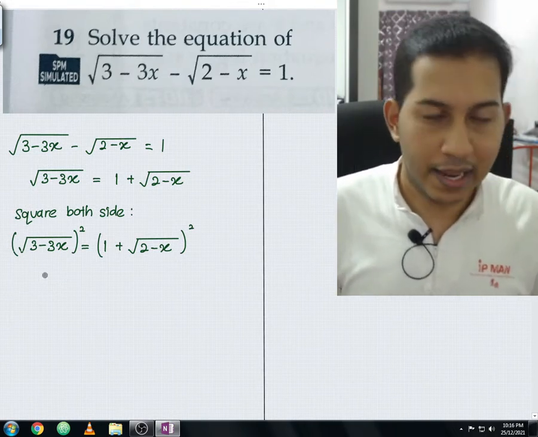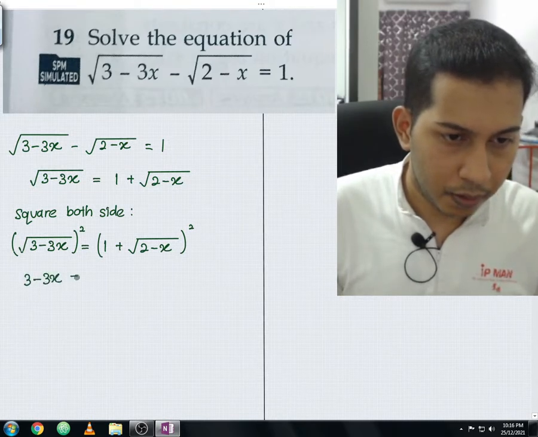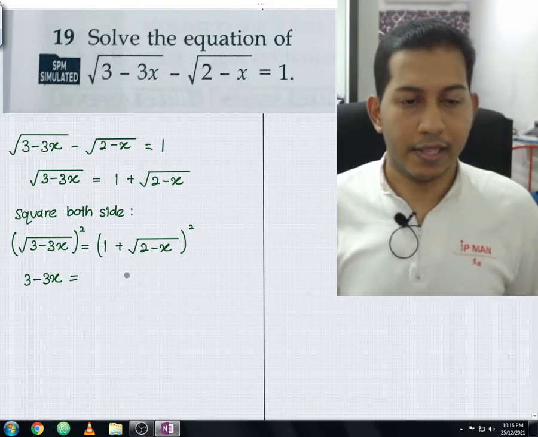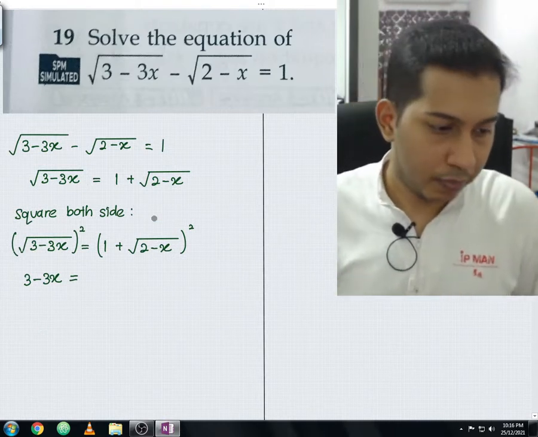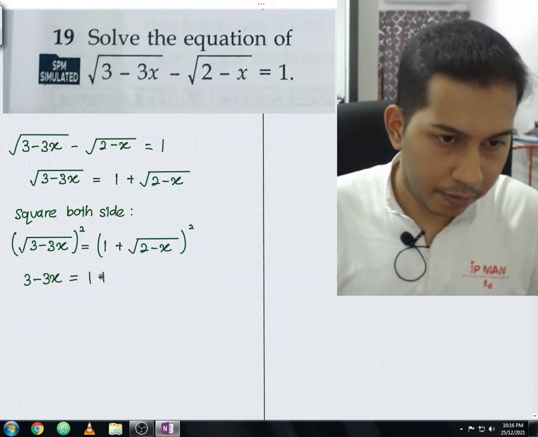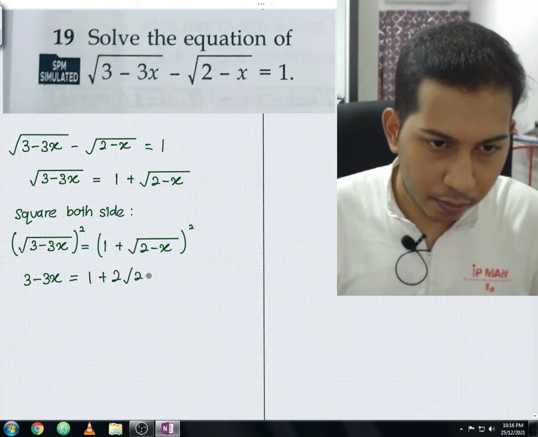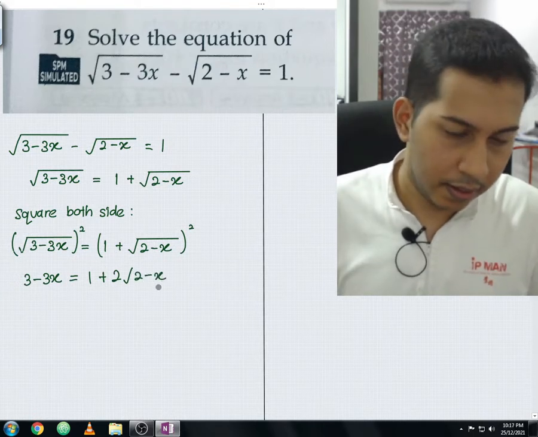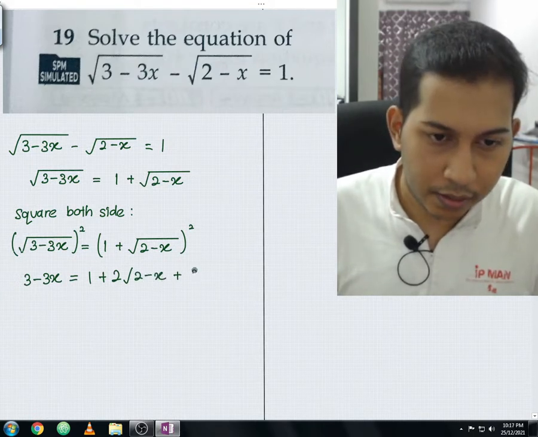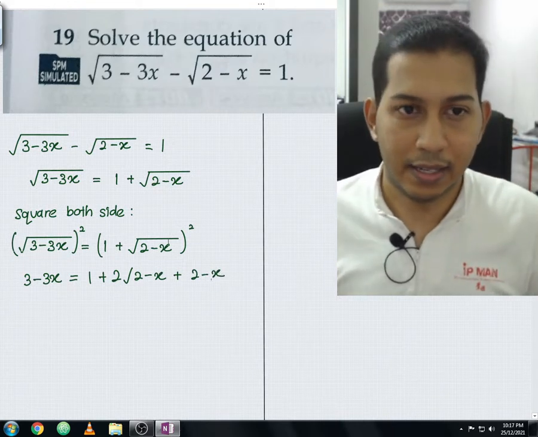So from here, for the left hand side, you are only left with 3 − 3x, and then equals to, let us proceed to the right hand side. For the right hand side, it will be 1 plus 2√(2 − x), and then you plus 2 − x. So let me underline the surd line here.